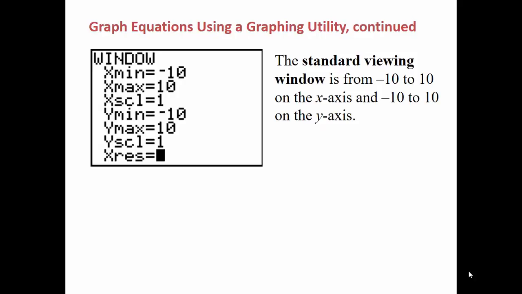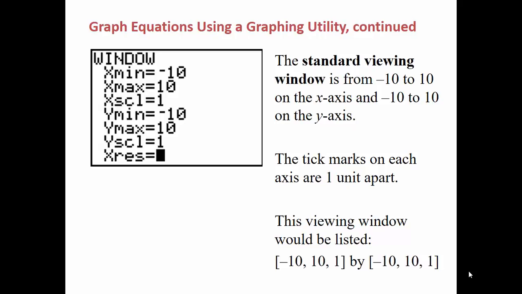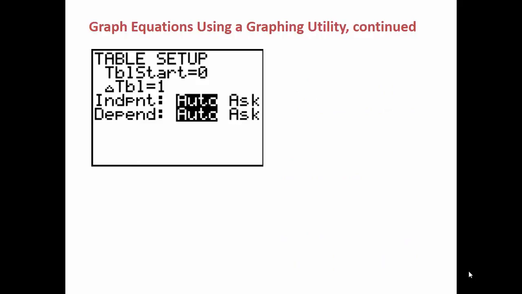But you can change this if you want to, make a bigger window to look at. Or you can zoom out or zoom in. Okay? And this tells you how that window would be described if it was asking you to create a certain window.